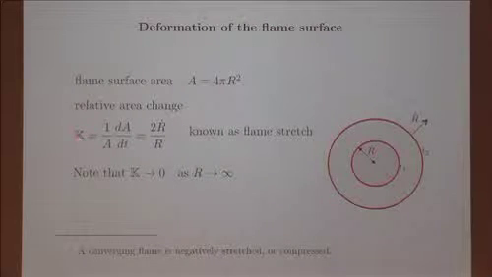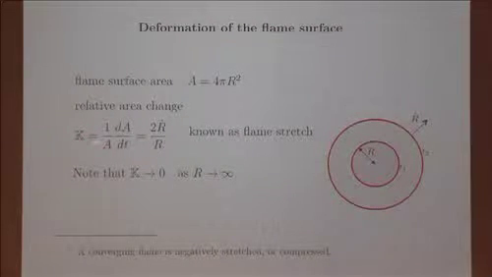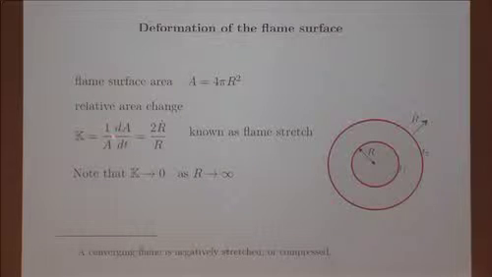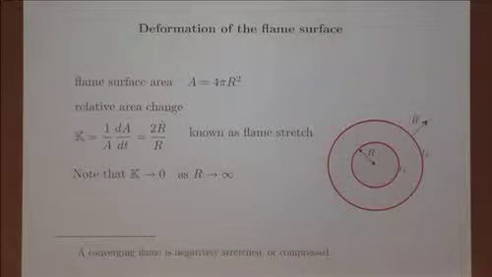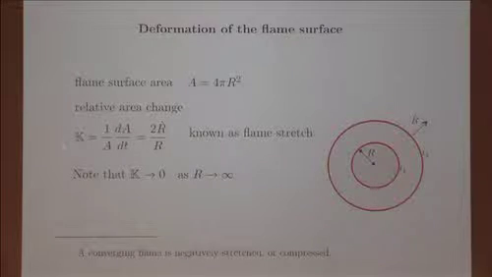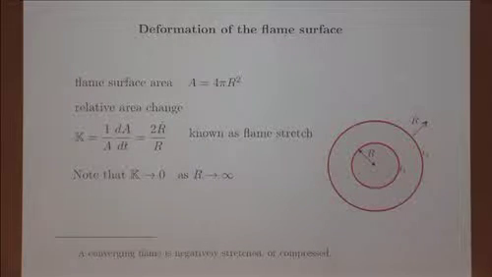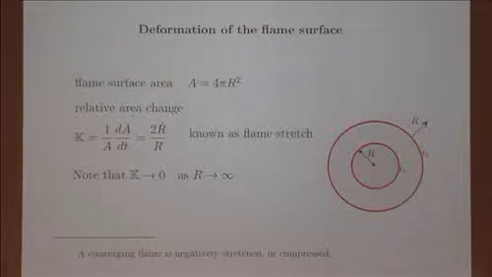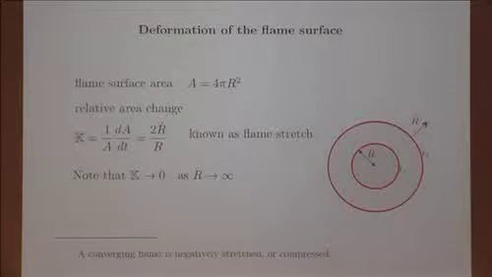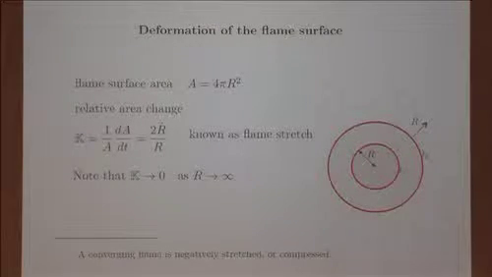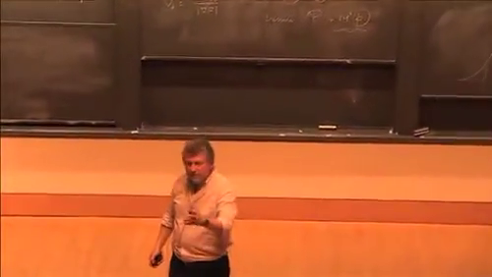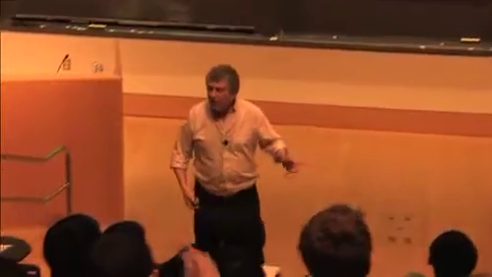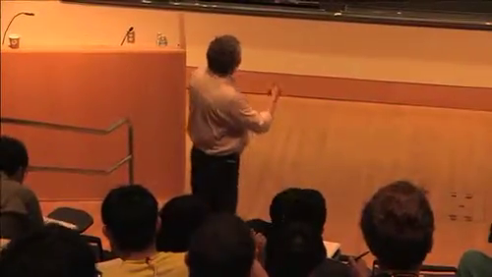It obviously has units of 1 over time, and you can obtain it in the case of a spherical flame from first principles. It's very, very simple. But if my flame is going to be a surface of that shape in general, I would like to know what the flame stretch is at every point along the surface, and we are going to see very soon how we can compute or obtain that.